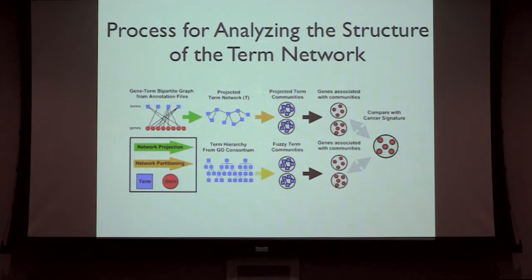And we want to do some sort of evaluation. Are these actually biologically meaningful groups? Is this some kind of artifact of the way the data is collected? And so what we do is we convert these term communities into sets of genes associated with these communities.